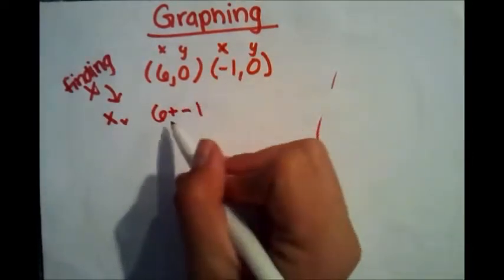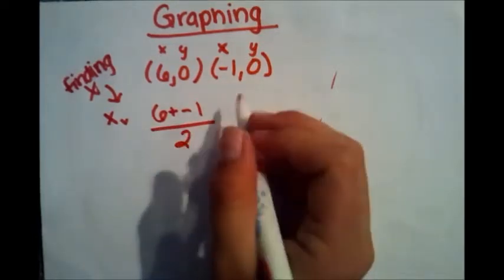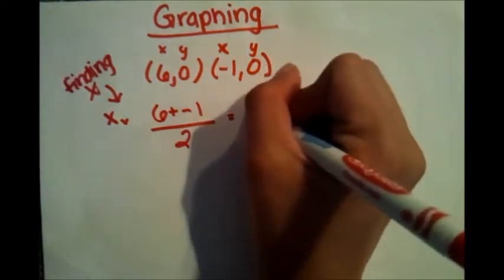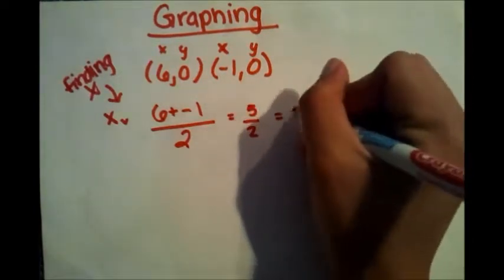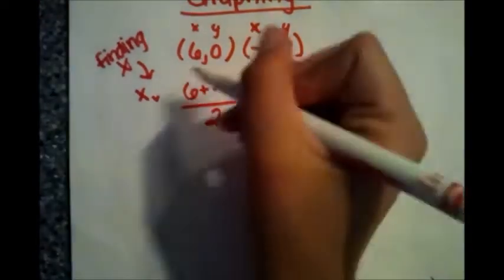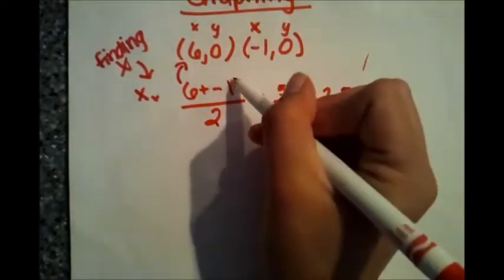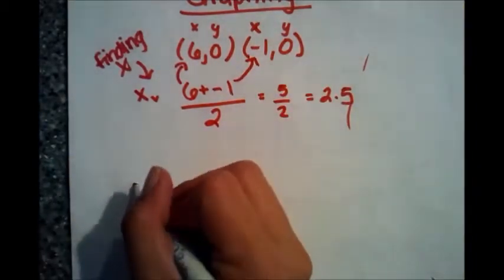To find the x, you add both x coordinates and divide by 2, which simplifies to 5 over 2, giving you 2.5 for the x coordinate. As you can see, the 2 points were from solving with the quadratic formula.